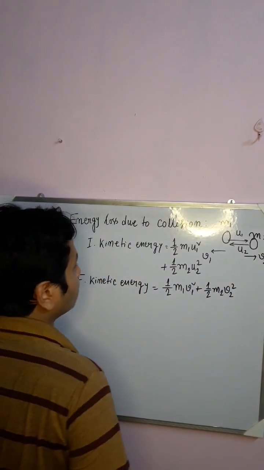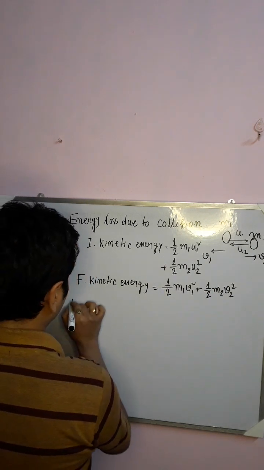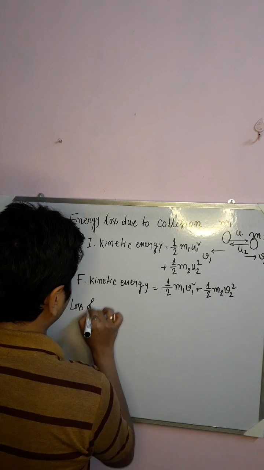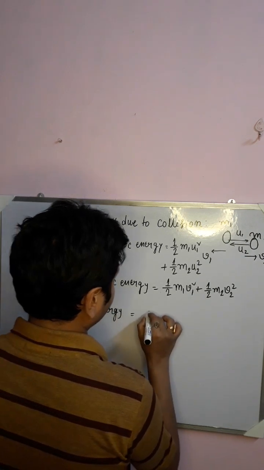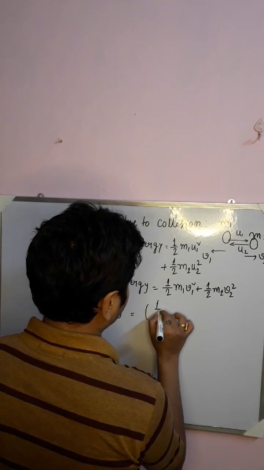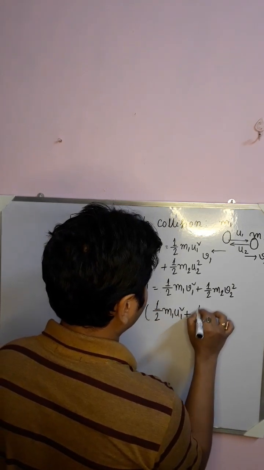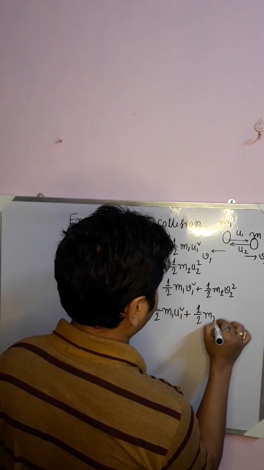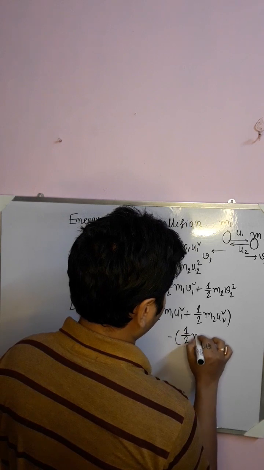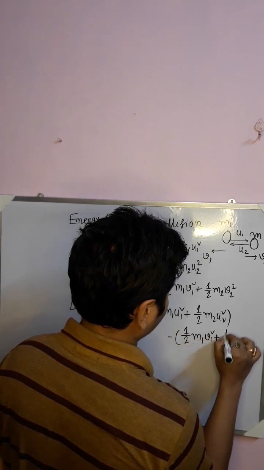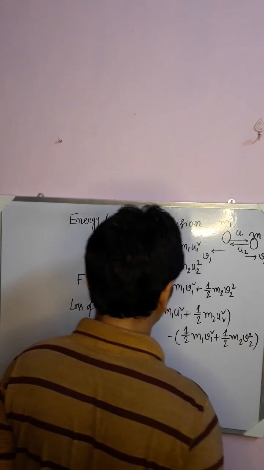So what will be the loss? That means initial minus final. So the loss of energy will be simply half m1 u1 square plus half m2 u2 square minus half m1 v1 square plus half m2 v2 square.